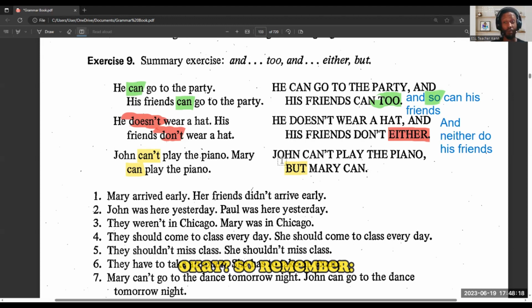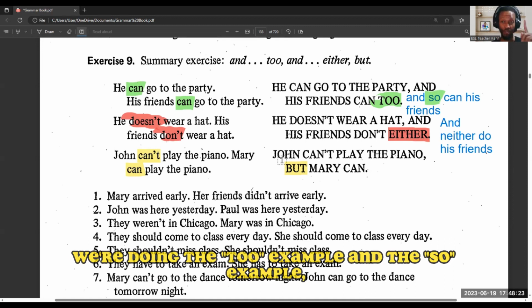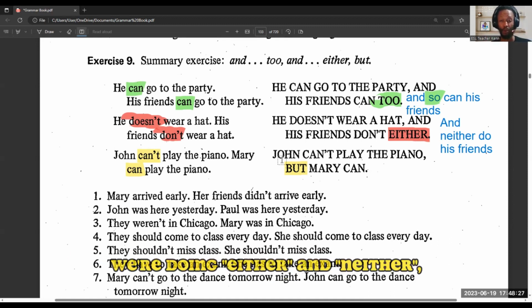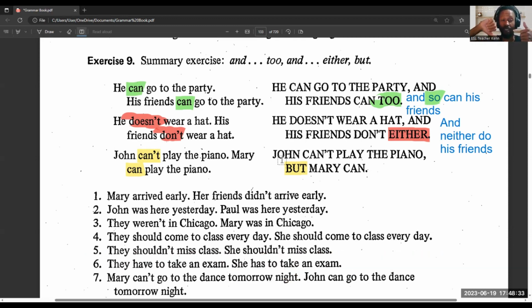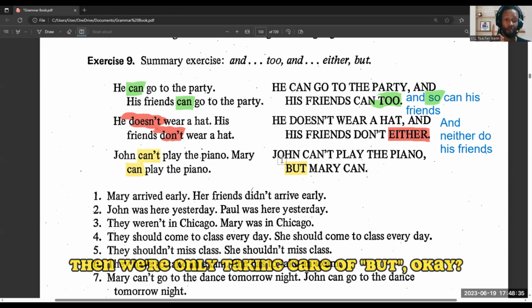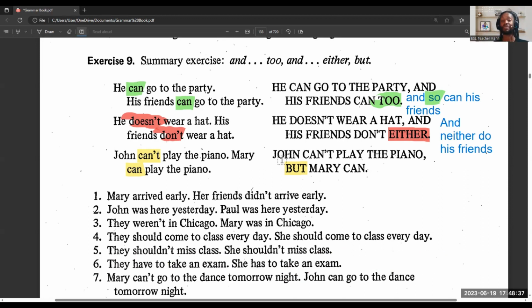Okay, so remember, if both ideas are affirmative, we're doing the to example and the so example. If both are negative, we're doing either and neither. But if we have one affirmative and one negative, then we're only taking care of but. Okay? Take it slow. It'll all be fine. Let's get this party started.